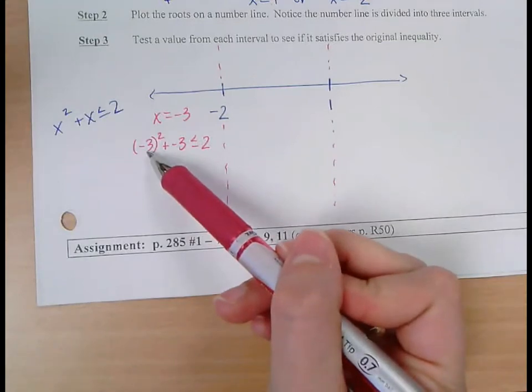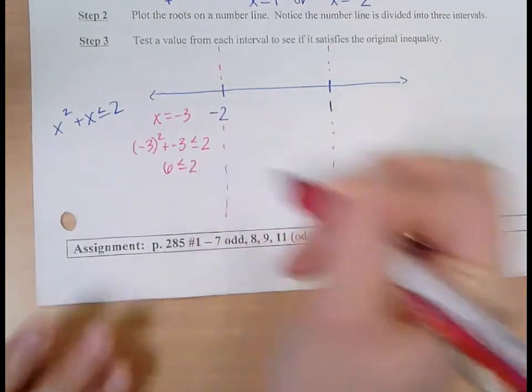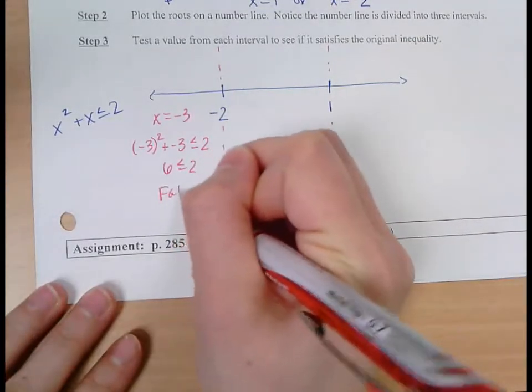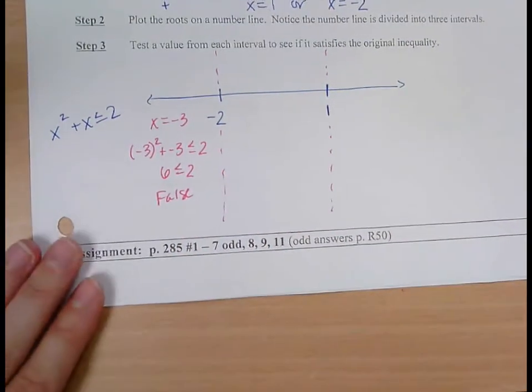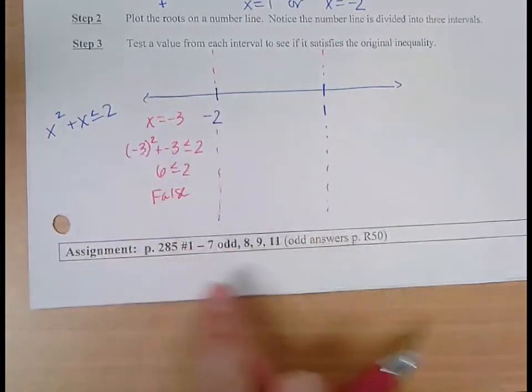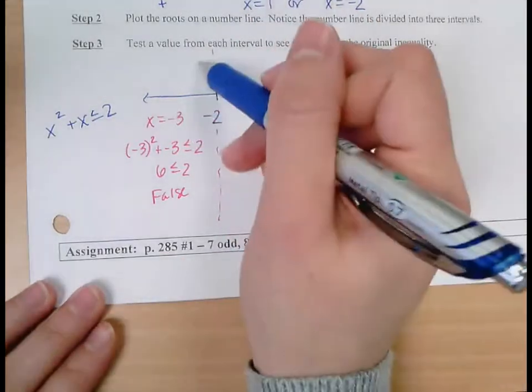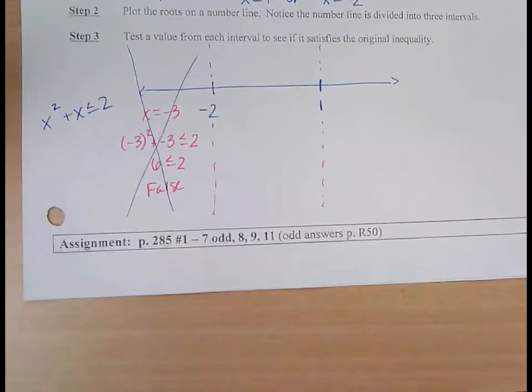So -3 squared is 9, 9 plus -3 is 6. Okay, that's false. What that means is that x values that are smaller than -2 are not part of the solution. So my solution does not contain this interval.